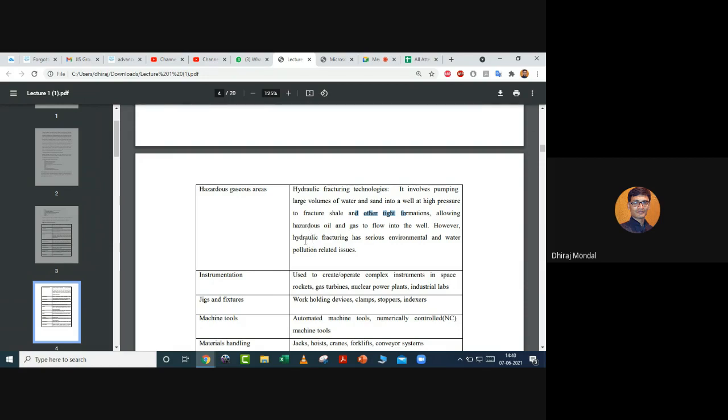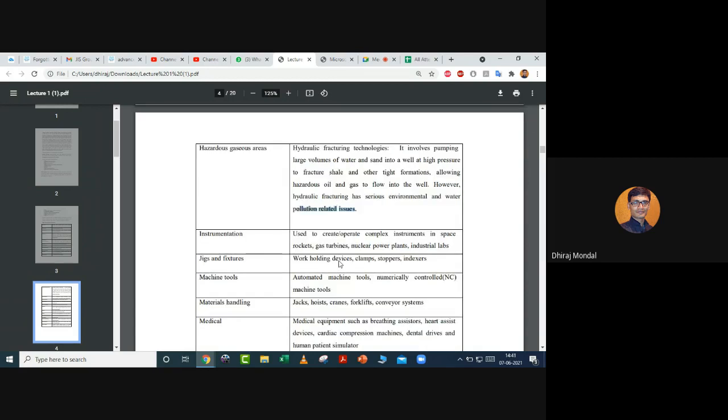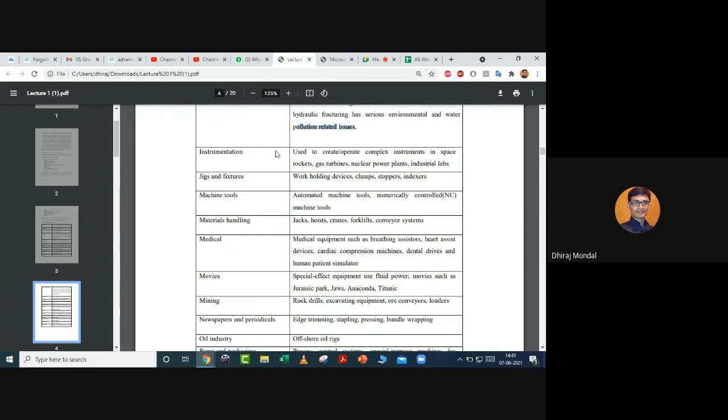However, hydraulic fracturing has serious environmental and water pollution related issues.